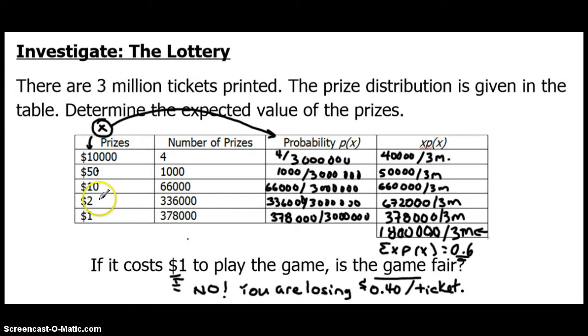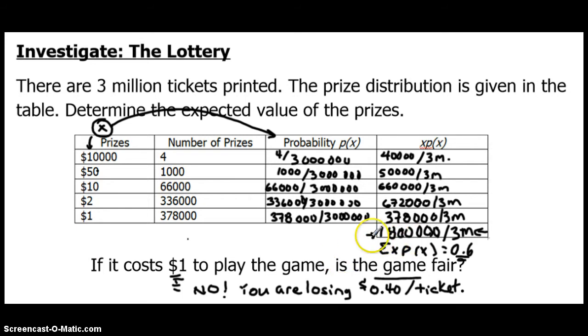So again, just to make sense of that, if I bought every single ticket, I would be out $3 million. But I would be guaranteeing myself of winning every single prize. But if you add up all those dollar values, it comes out to $1,800,000. So you are short.